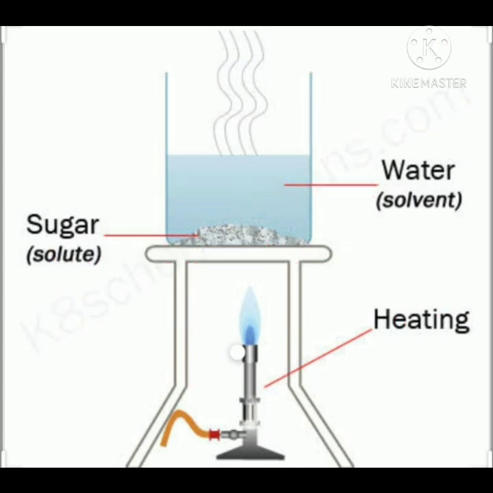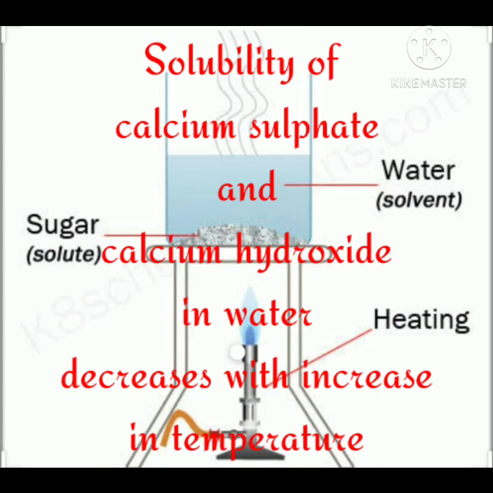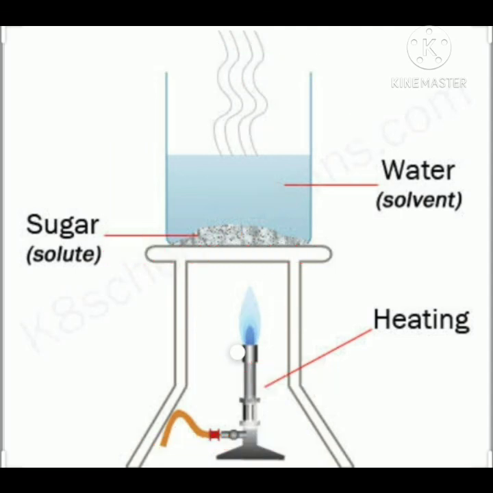But for substances like calcium sulfate and calcium hydroxide, when there is an increase in temperature, their solubility in water decreases. That means when the temperature increases, less solute will dissolve in the water. But usually, with an increase in temperature, the solubility also increases.